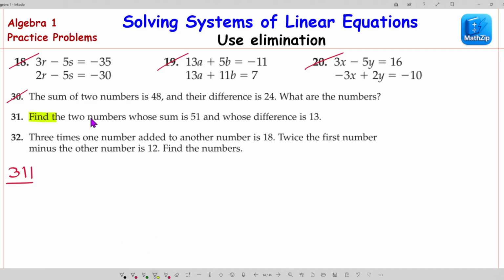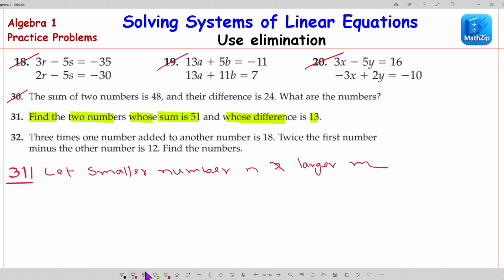31, find the two numbers whose sum is 51 and whose difference is 13. So similar, we are finding two numbers. Let the smaller number be n and the larger m, right? The sum means m plus n equals 51, which is equation 1.